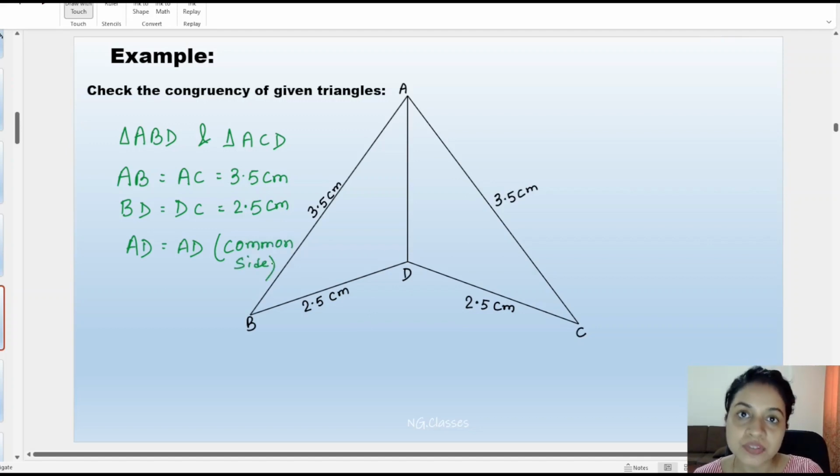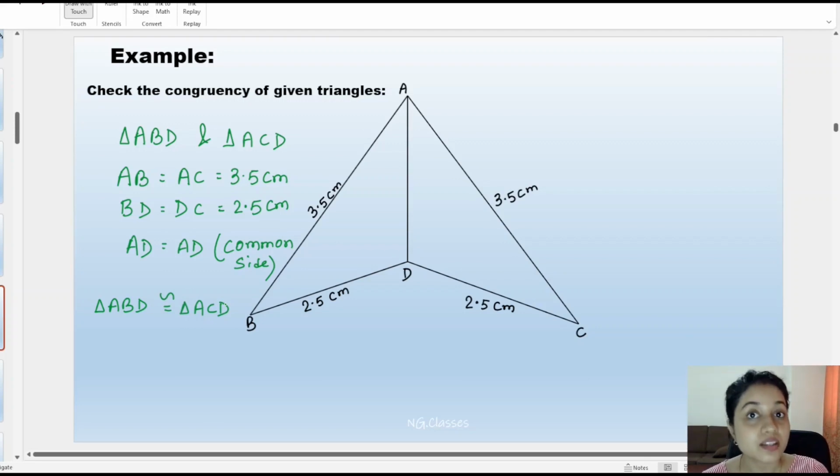Now from here we can see three sides of one triangle are the same as three sides of the other triangle. Hence we can say both triangles are congruent with each other by the side congruence rule. Let's write it. Triangle ABD is congruent with triangle ACD.